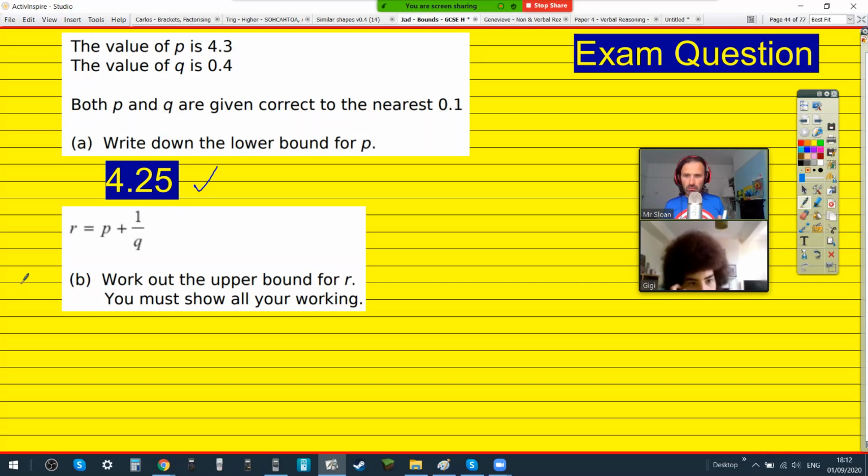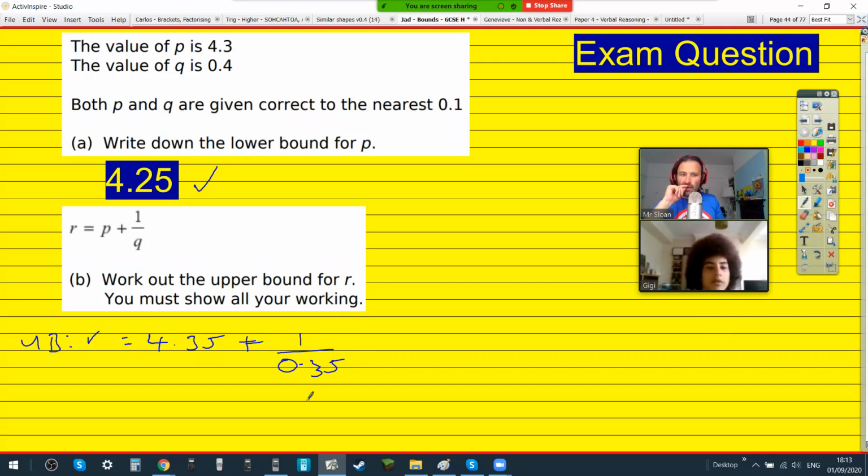So part B: P, which is 4.35, plus 1 over 0.35.